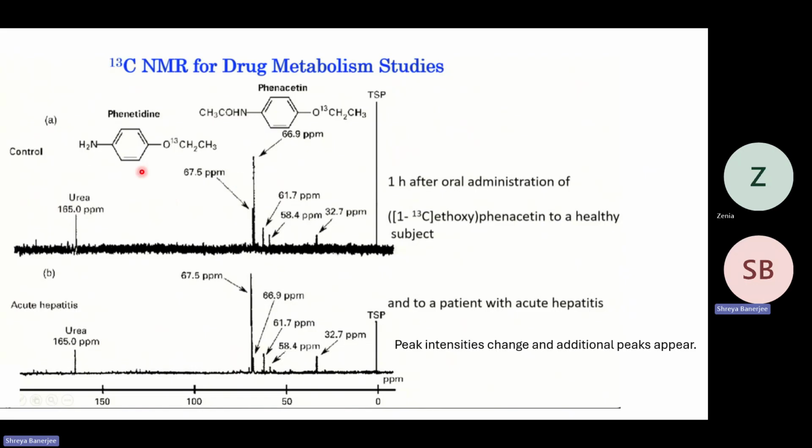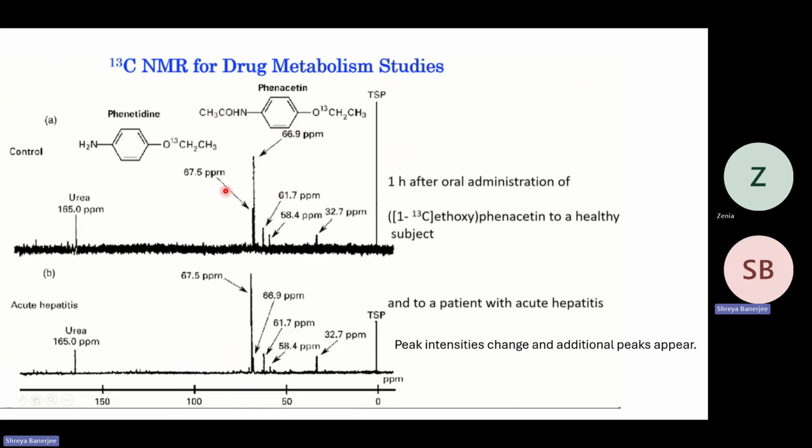This is another example where the sample is taken after 1 hour of oral administration of this drug, ethoxyphenacetin, to a healthy patient, and to a patient with acute hepatitis. In a diseased patient, you will be able to see that the metabolite concentrations are different.